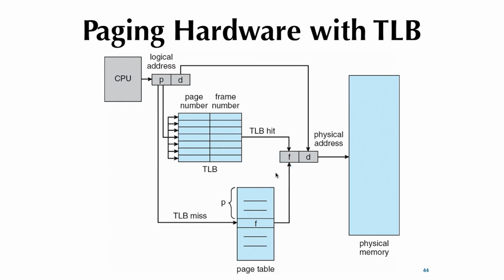But this is taken from the book anyway. So only the TLB part and this concatenation is the part of the MMU. The TLB translates the page number to the frame number, concatenates with the offset, and accesses physical memory. And this is more of a data flow view. If it's missed, then the OS does a page lookup.